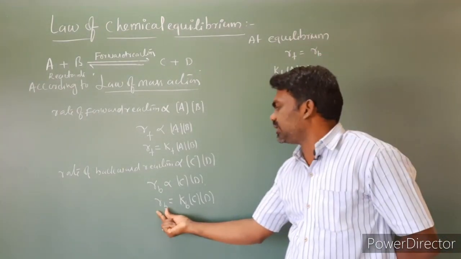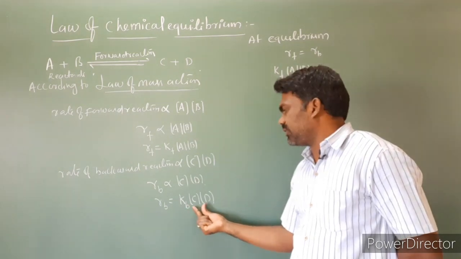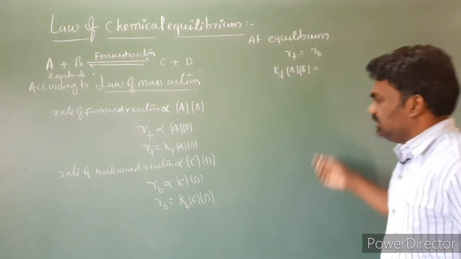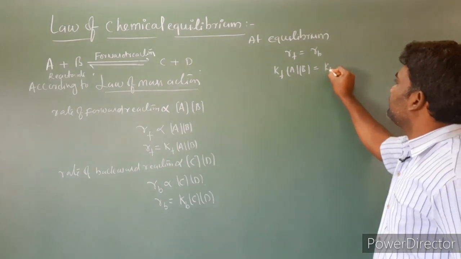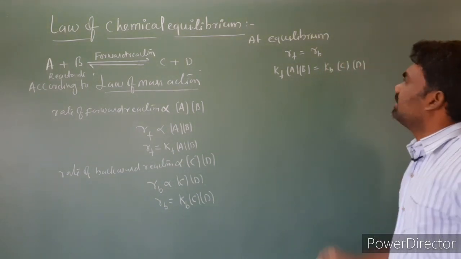The rate of backward reaction is Kb, the rate constant of backward reaction, times the product of concentrations of products, concentration of C and concentration of D.